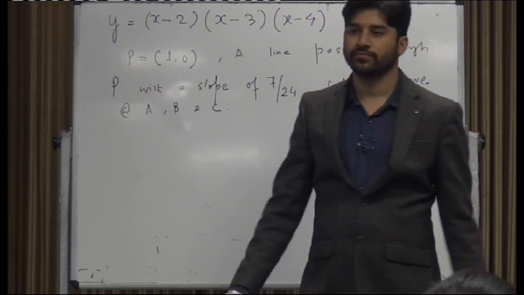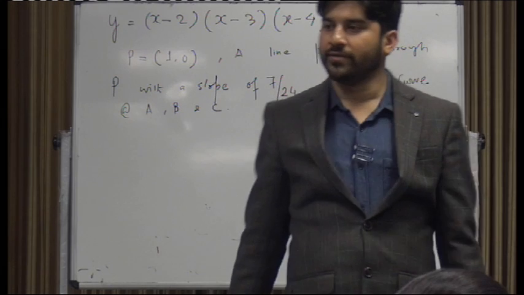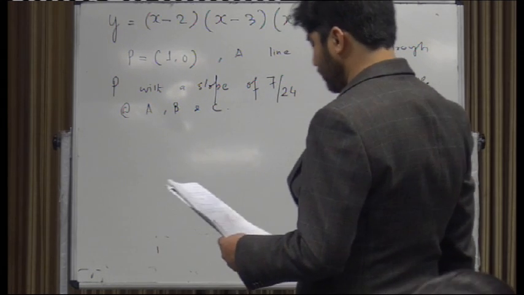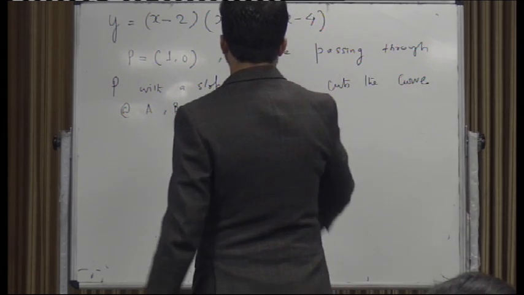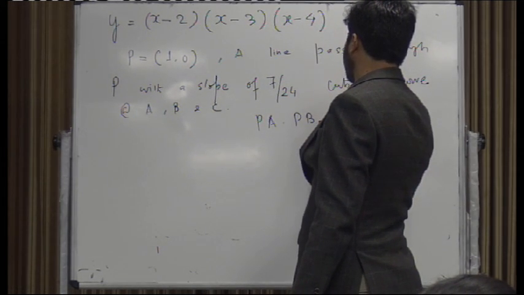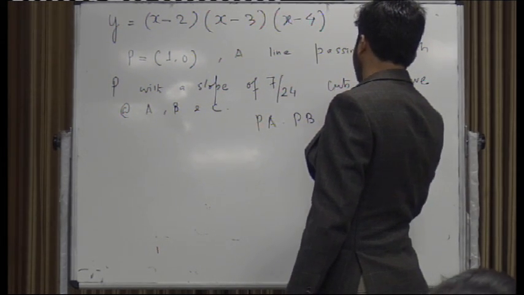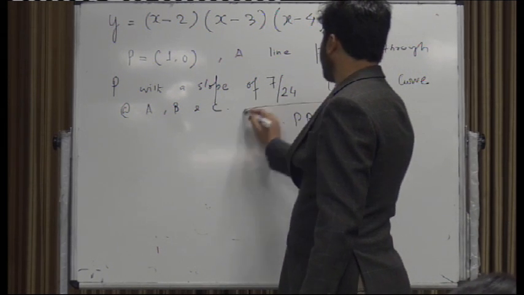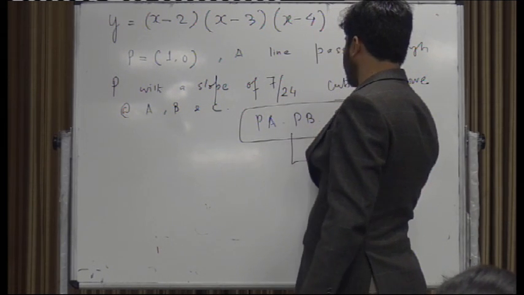ठीक है? You have to tell me PA into PB into PC is equal to, where PA, PB, PC are sine distance.